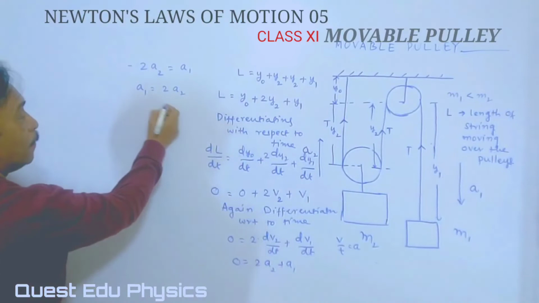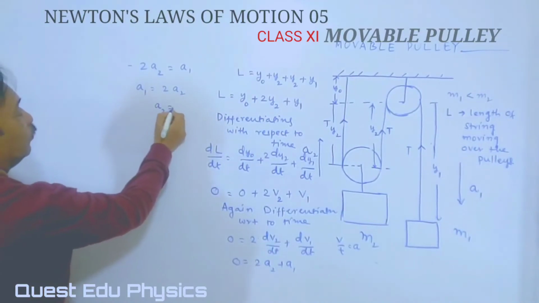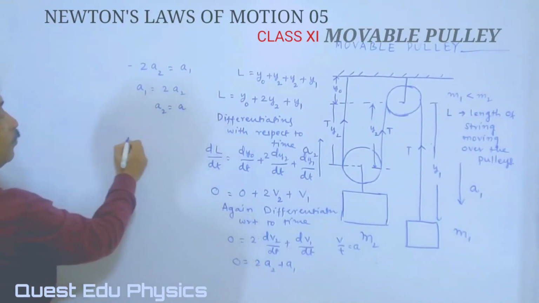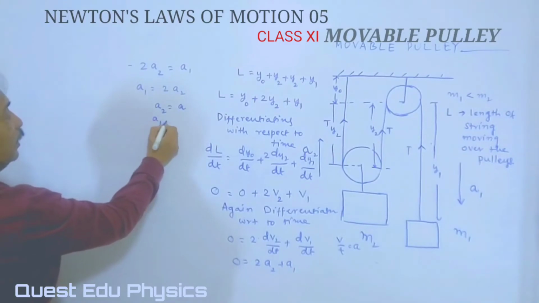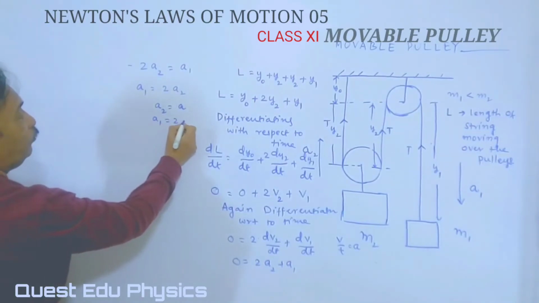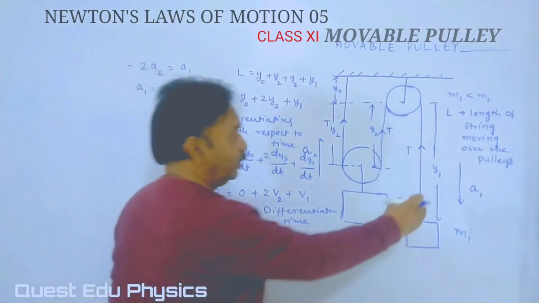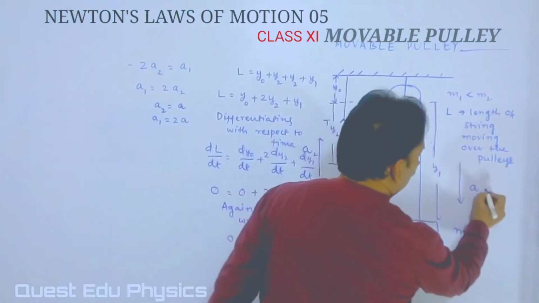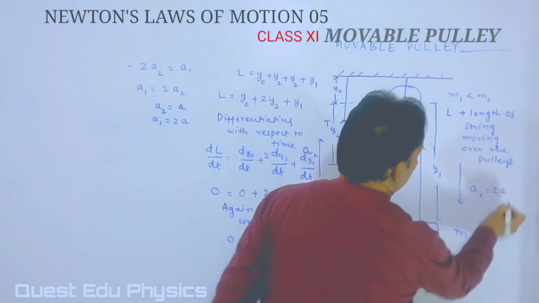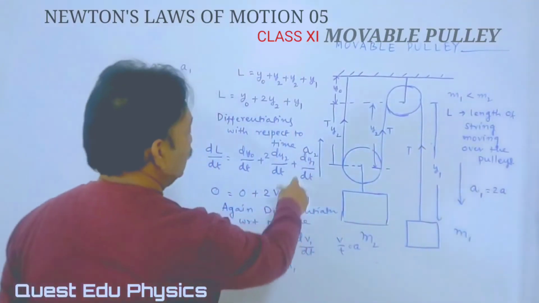Let's say a2 is equal to a, then we get a1 is equal to 2a. Means what? This one moves down with an acceleration twice of this.